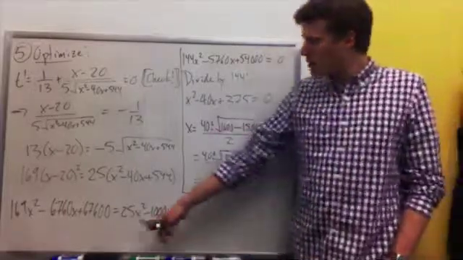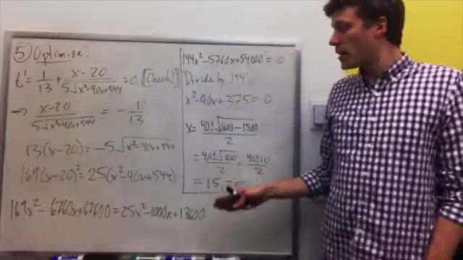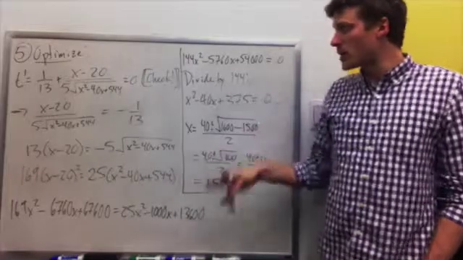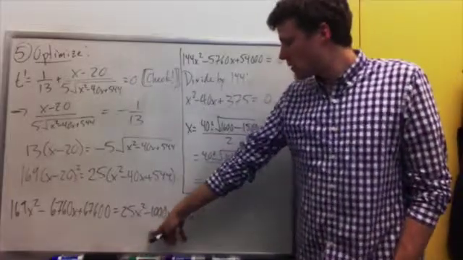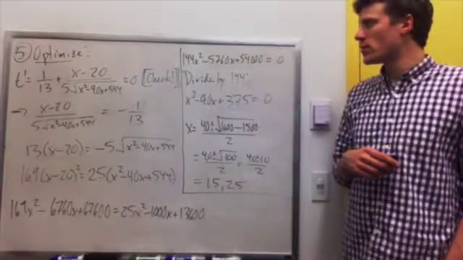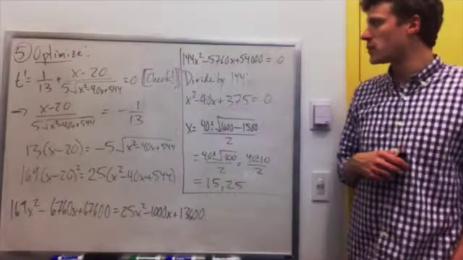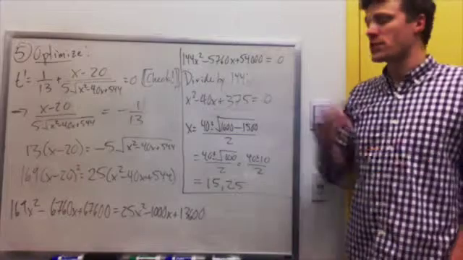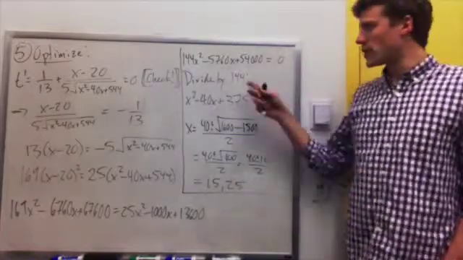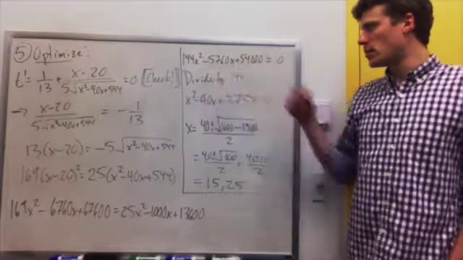So, okay, this is a quadratic equation, and I'm going to use the quadratic formula to solve this because things are pretty big. So I'm going to subtract this over to the left-hand side. I get 144x squared minus 5,760x plus 54,000 equal to 0. Now, I've set things up nicely here so that actually 144 divides all of these coefficients.